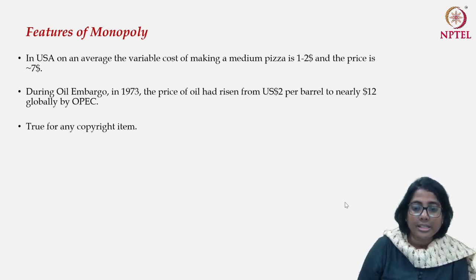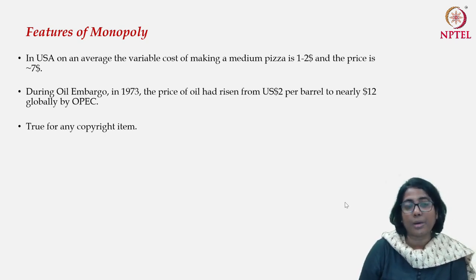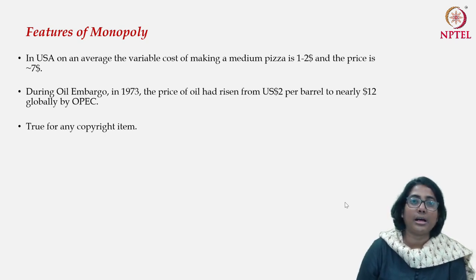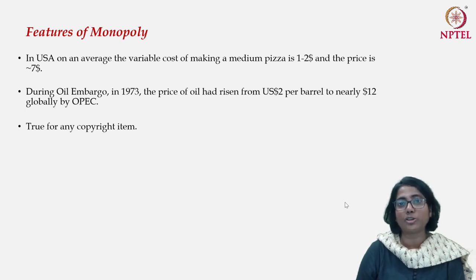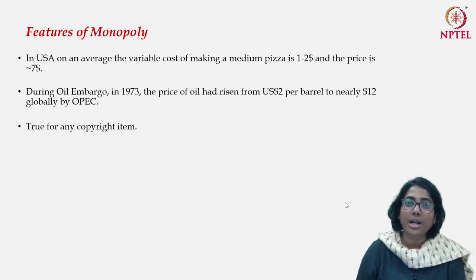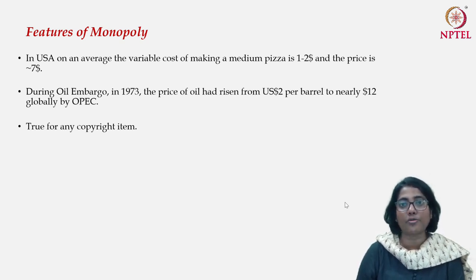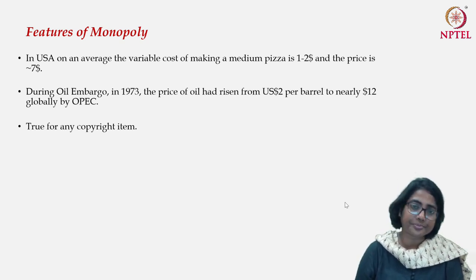This also holds for charging a price much higher than the marginal cost in the case of any copyrighted item. Suppose you want to buy some kind of software. The price that is charged to you is not really the marginal cost of supplying that software to you. Nowadays the marginal cost of supplying software is very limited. It will be the cost of a pen drive, or just the cost of a CD, or sometimes it's just shared over a link.